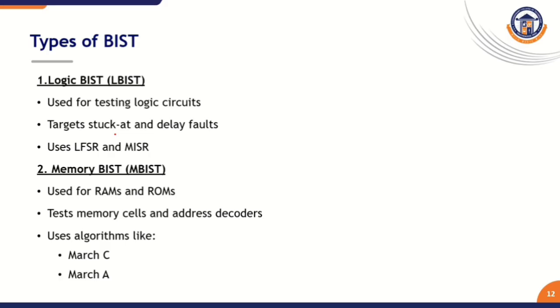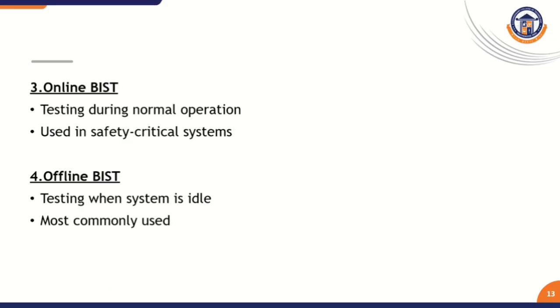Memory BIST, that is MBIST, is used for testing RAM and ROM using algorithms like March C and March A. In online BIST, testing is performed during normal operation, and it is used in safety critical systems. Offline BIST performs testing when the system is idle, and it is the most commonly used type.